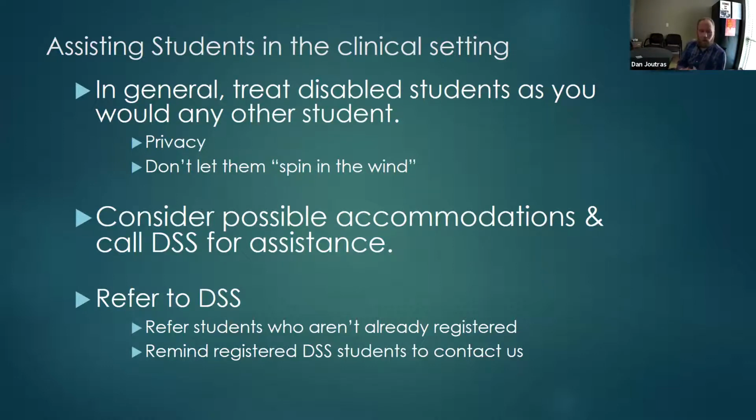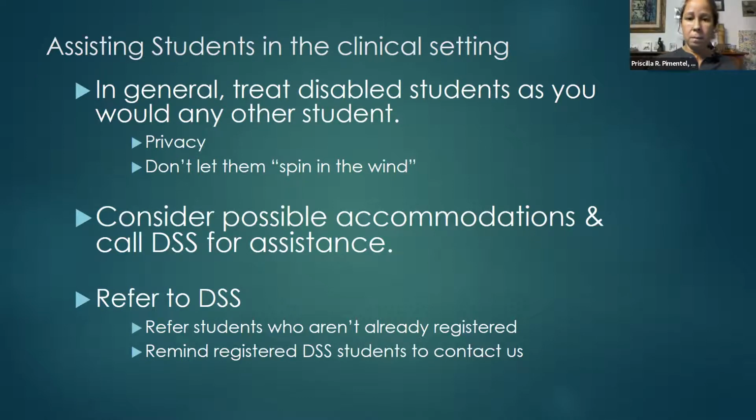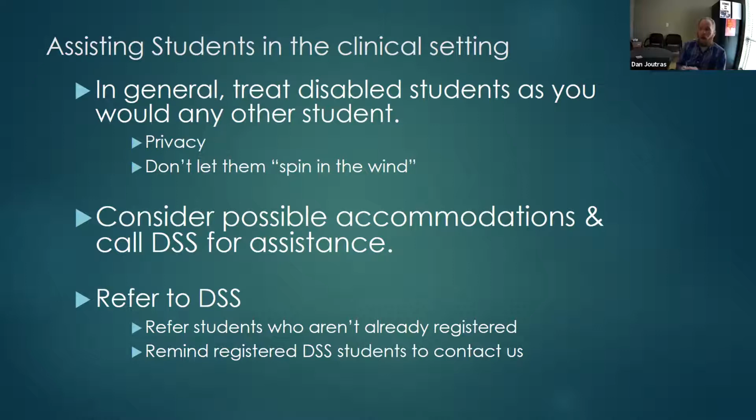So on our website, we have a full application process that I can show at the end of our presentation here. We also have information strictly for faculty themselves, and to remind registered students to contact us and ensure that they are in good communications with all of these different components.